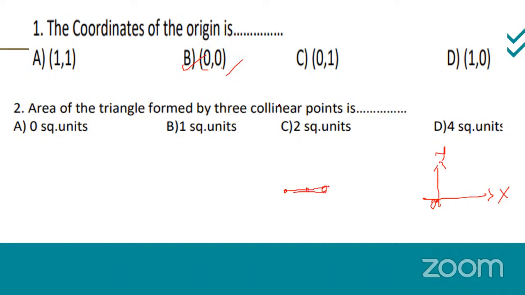Then the area is 0 square units. Remember, 0 square units. If the triangle is formed by 3 collinear points, meaning all points in the same direction, there will be no other area, no other points. So the area will be 0 square units.